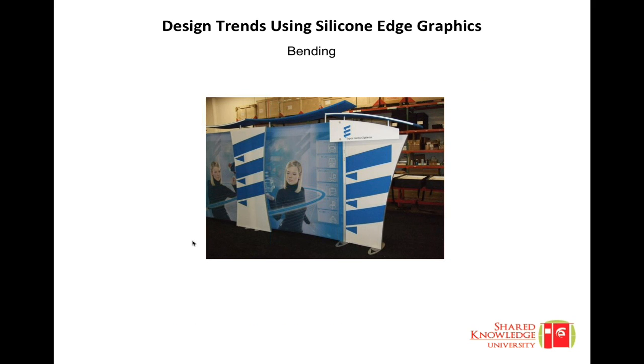Kevin, if I can jump in real quick on the bending and amend an earlier statement. When we have done SEG graphics for bent frames, that is one of those instances where we would definitely prefer and recommend having the frame here in order to fit that curve.